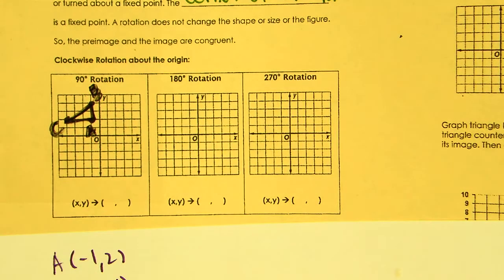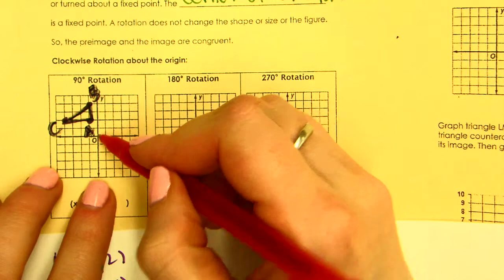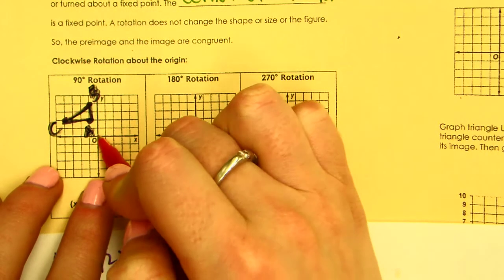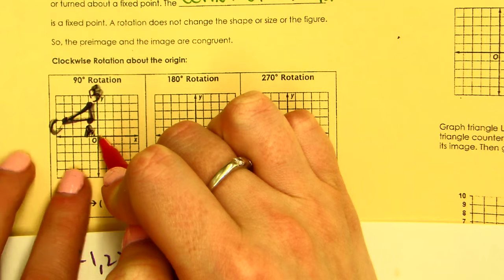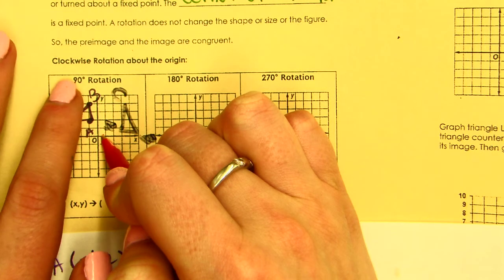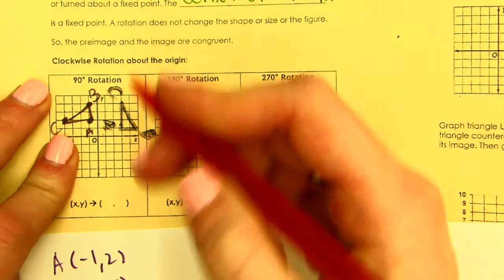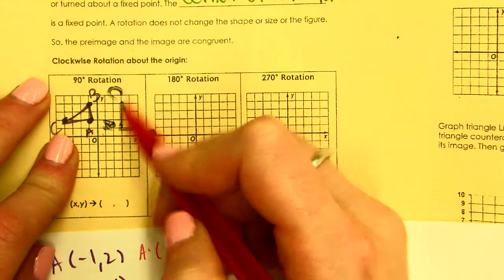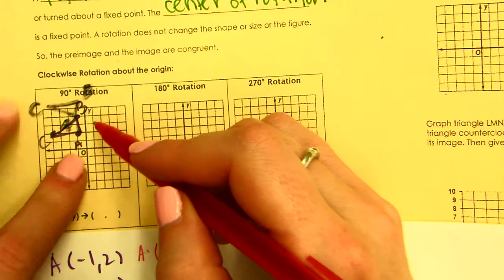And I'm going to rotate it 90 degrees clockwise about the origin. So this part where it says about the origin, that means the origin is not going to move. I'm going to put my pen on the origin. I'm going to go 90 degrees clockwise. The way the clock goes is this way. So I'm going to rotate it 90 degrees clockwise. So there is my new triangle. So if I write this down, A prime is at, let's try this one more time just to make sure I have it.